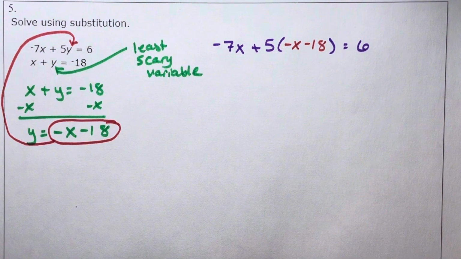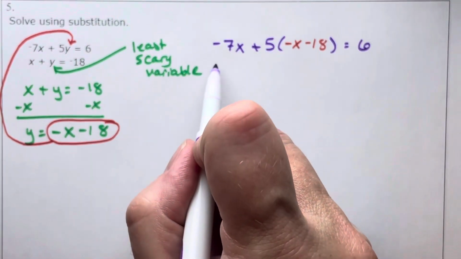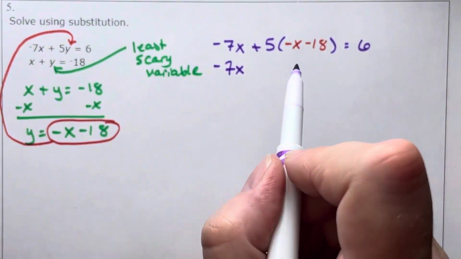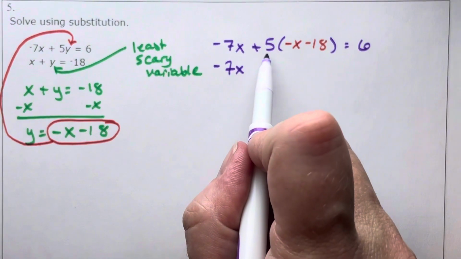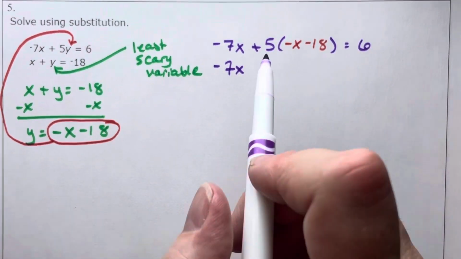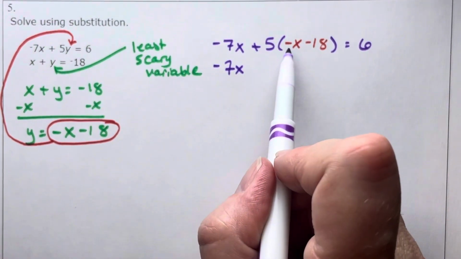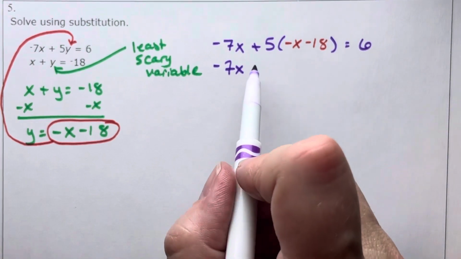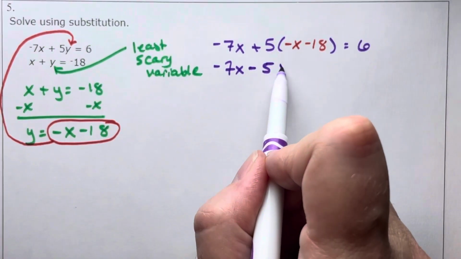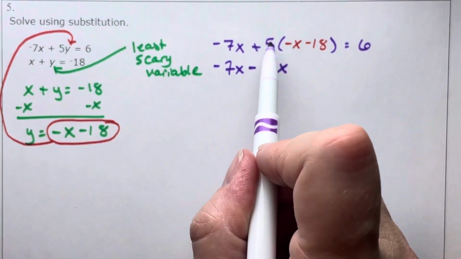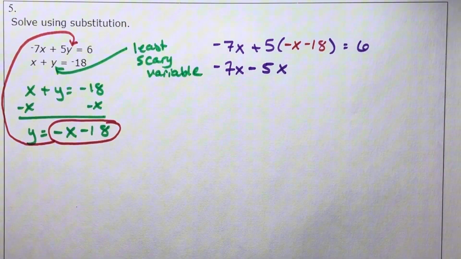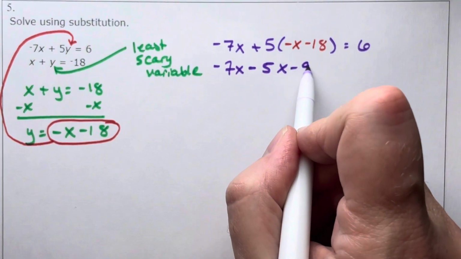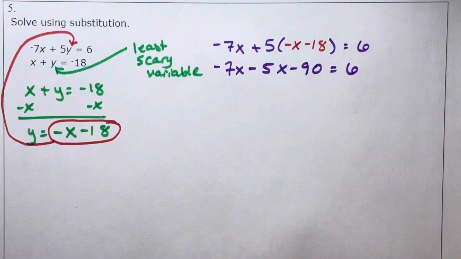Great. Let's begin the process of solving for x. -7x plus, well, actually we're going to distribute this 5 through the quantity. So a positive 5 times a -x is a -5x. And then positive 5 times -18 is -90, which equals 6.